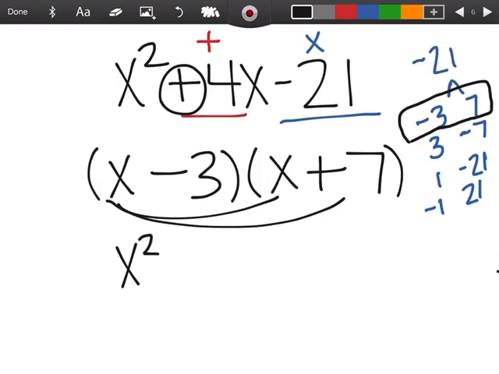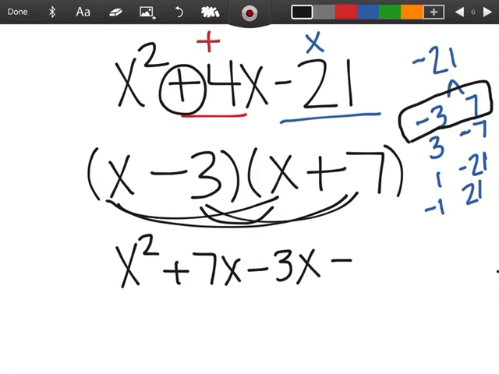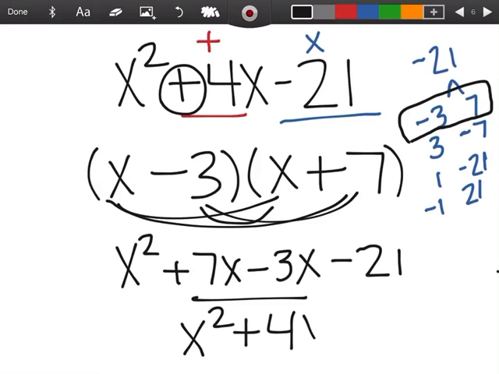check my work, x times 7 is plus 7x, negative 3 times x is minus 3x. I don't want those to be flipped and get a negative 4, and then negative 3 times 7 is negative 21. So I do get back where I started, x squared plus 4x minus 21.